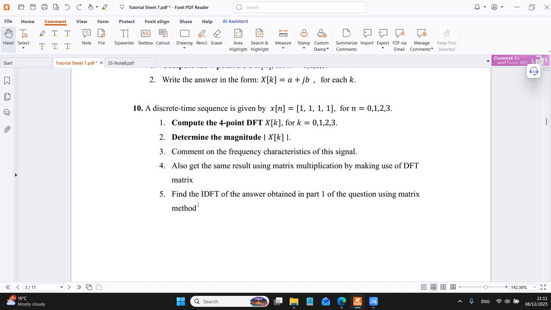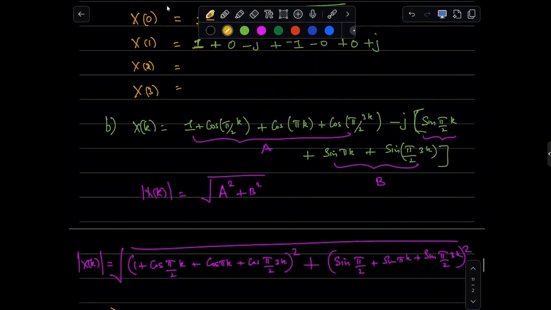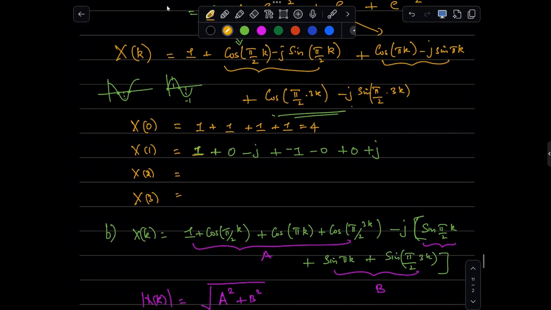Okay, so next is the part C. What I have done is, sorry, it was not visible to you, I have separated out the real part. So all this will become the real part. Then I have separated out the imaginary part.